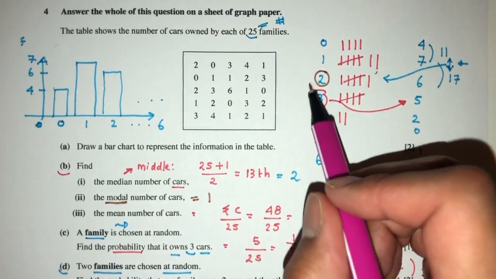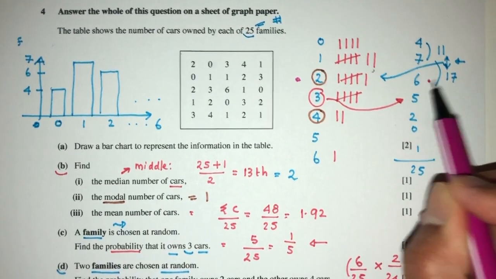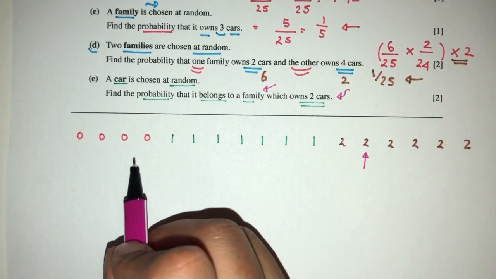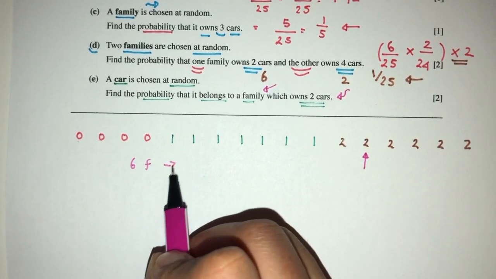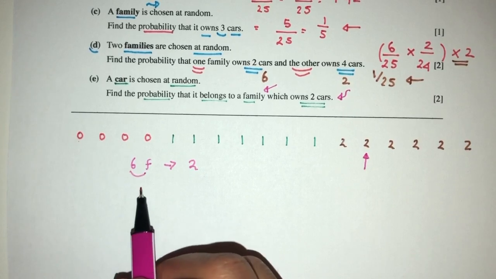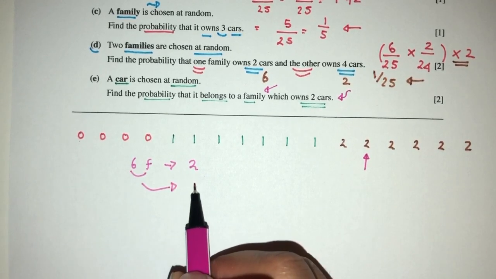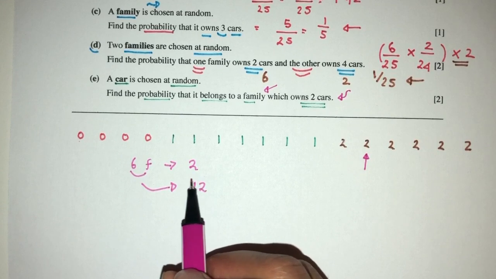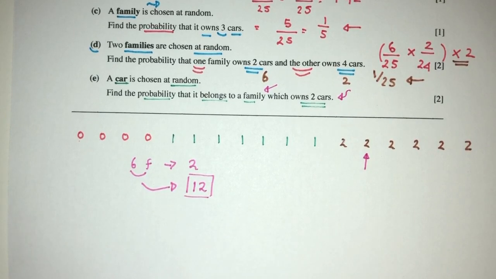If you go here, for 2 cars, there are 6 families. So let's write this down: 6 families own 2 cars. So these families own a total of 12 cars. Does that make sense? 6 families each own 2 cars, which means these families combined own 12 cars.